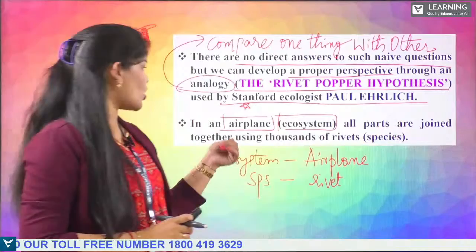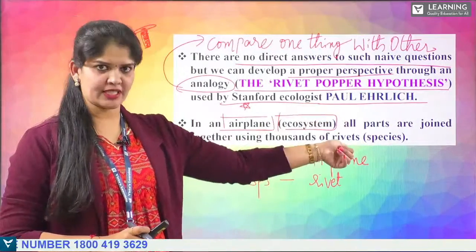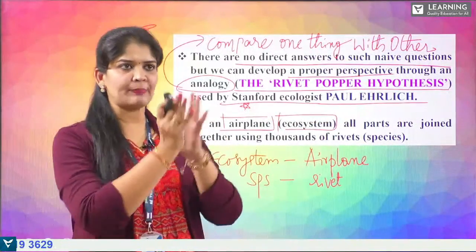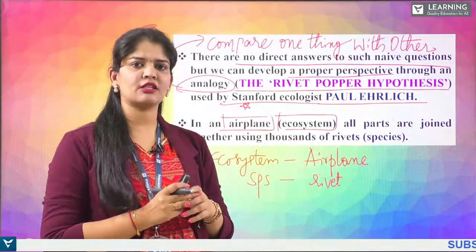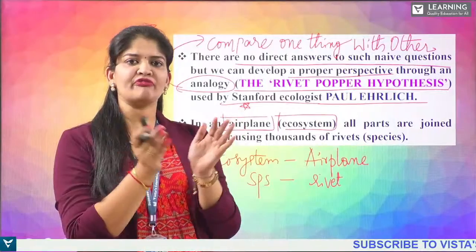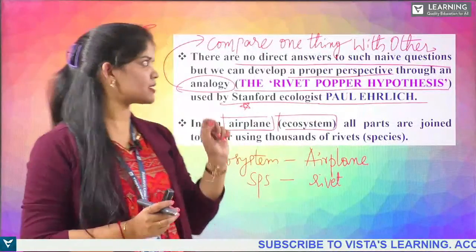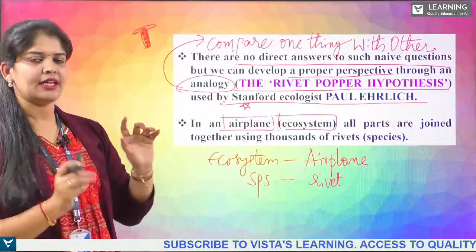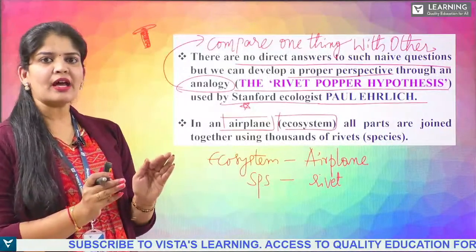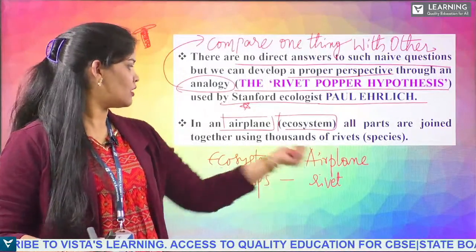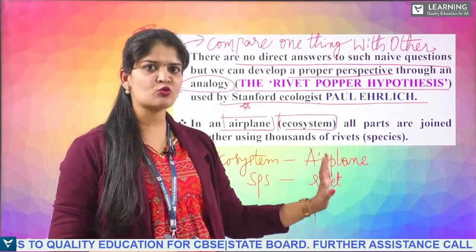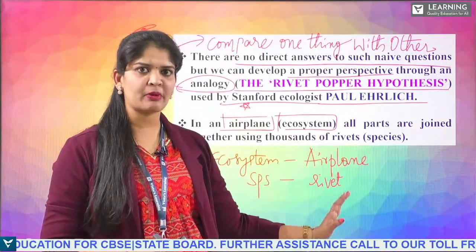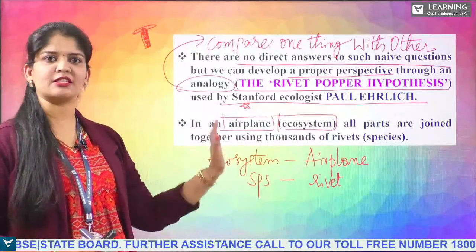All parts are joined together using thousands of rivets. In an airplane, all the parts like wings, seats, windows, the interiors, everything, will be fixed using small rivets, bolts, right? In this example, we compare the whole airplane with an ecosystem and all the rivets used to assemble the parts of the airplane with the species present in the ecosystem.